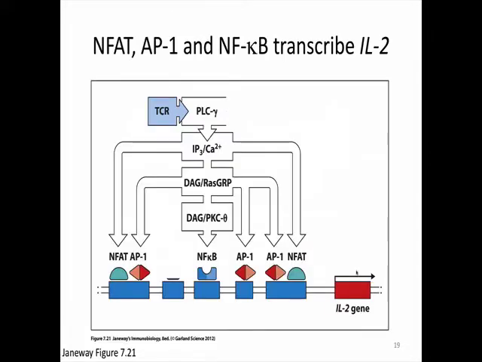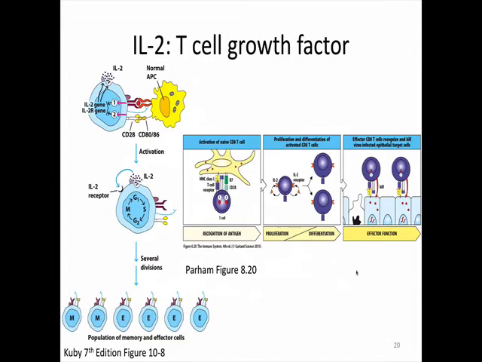The cytokine that I'm going to talk about today is IL-2. You'll see some other cytokines on Wednesday. IL-2 was the cytokine that we saw on Monday that was produced by our T cells in response to turning on the transcription factors NFAT, AP1, and NF-kappa B. When IL-2 was first cloned, it was named T cell growth factor, TCGF, which gives you a good hint about what IL-2 does.